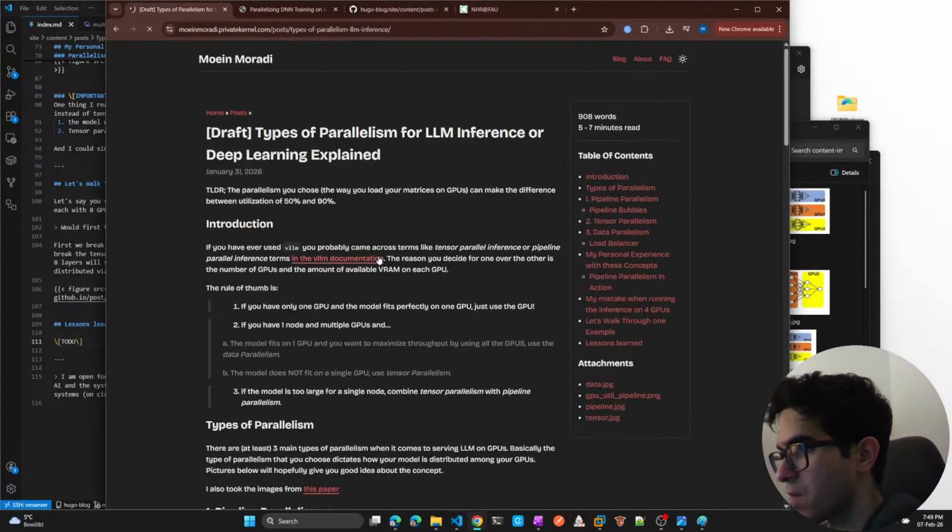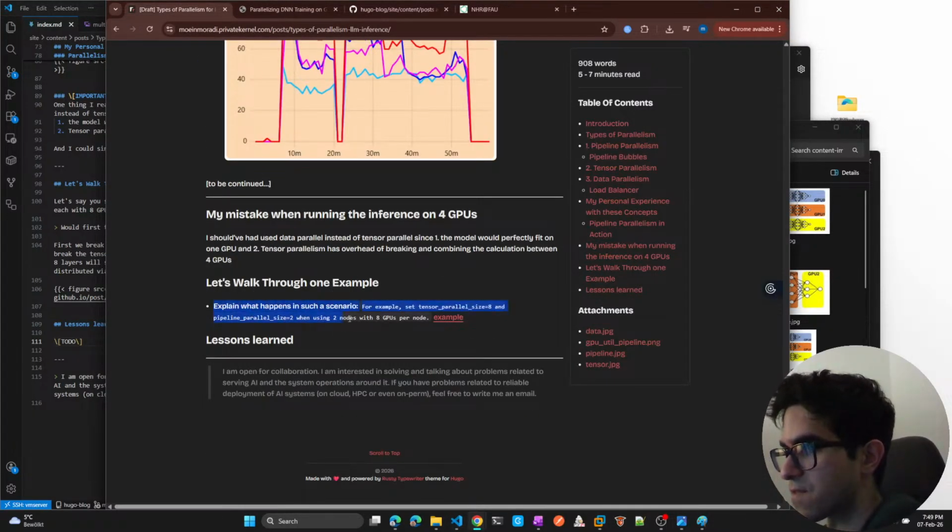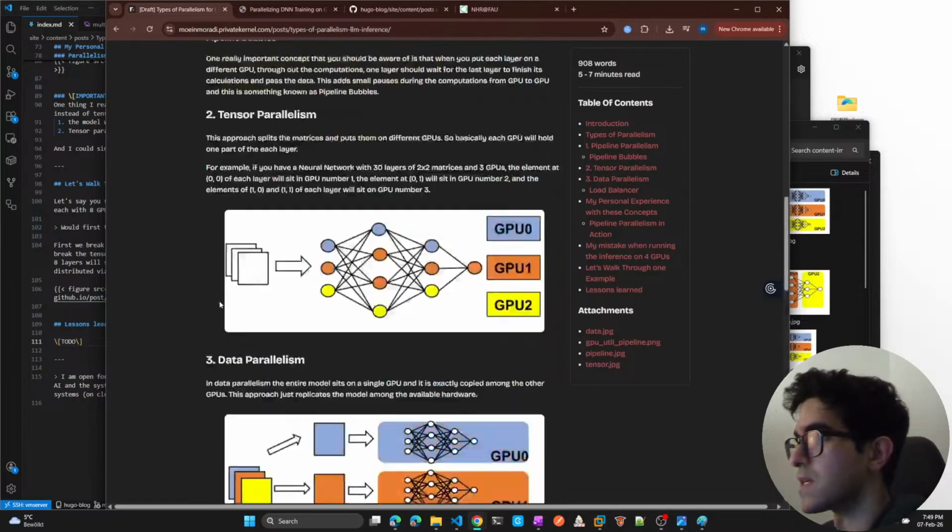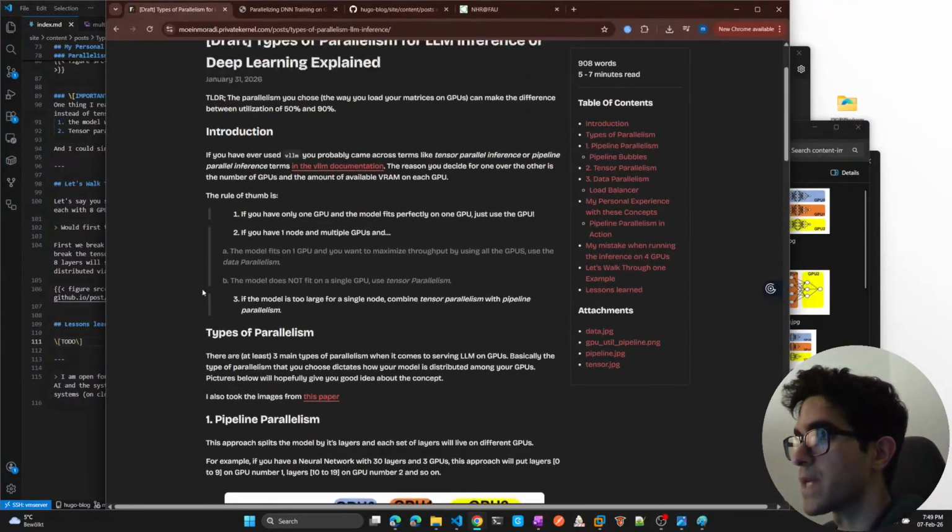I think it should still be updated. I mean, this is the last version still, I guess. But good that the images are loading.